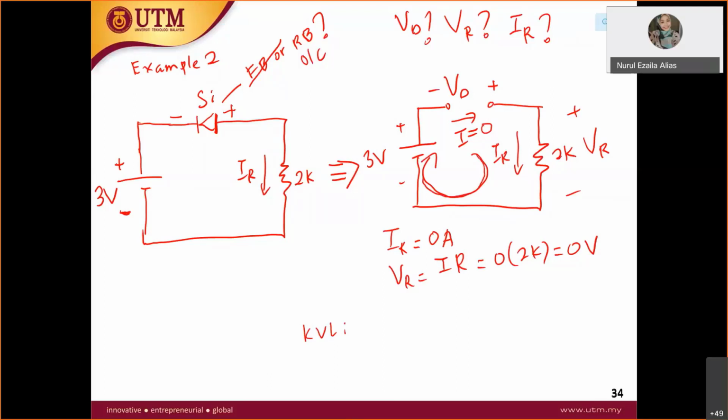My way is I take the first terminal, so you will have negative 3, and then negative VD, and then plus VR, and no more voltage, equal to 0. This VR you know equals 0, so VD is equal to negative 3 volt.